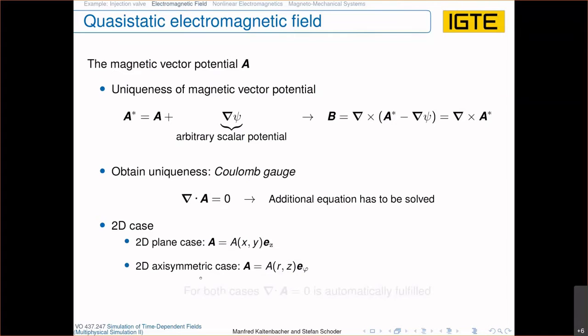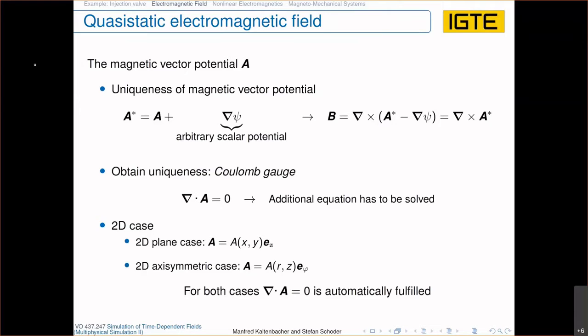For this case, also the divergence of the magnetic vector potential is 0, so this is automatically fulfilled. That is the good story, that in 2D we have an automatic gauging, because the divergence of the magnetic vector potential is automatically 0. However, this is not the case in 3D.